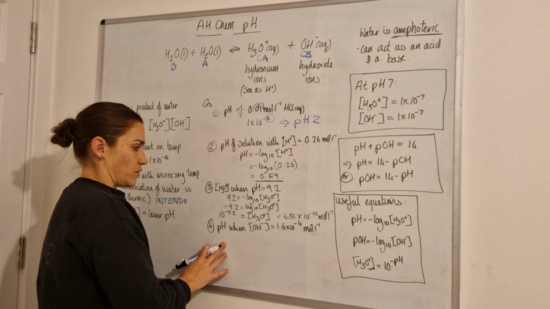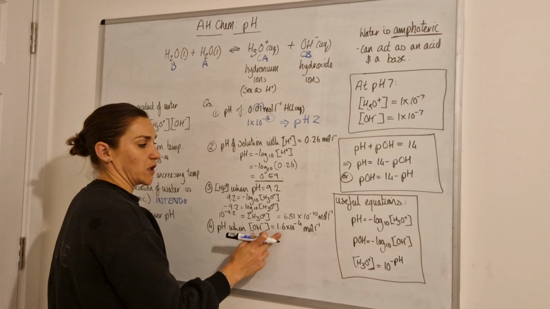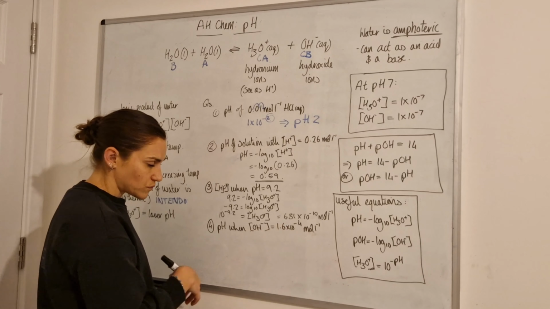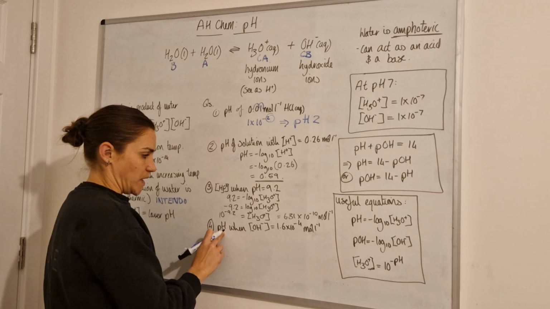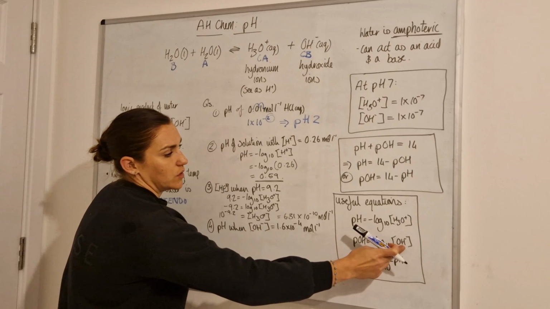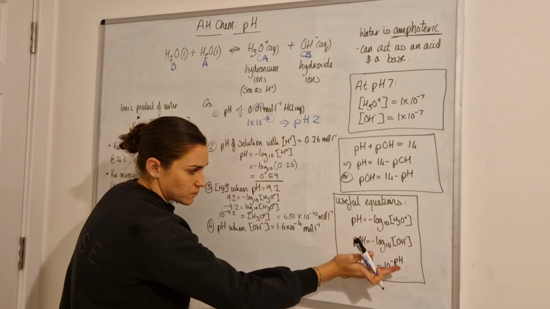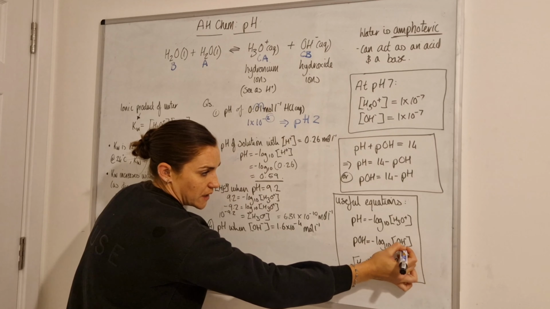And then question 4 is working out the pH when the hydroxide ion concentration is this. So this is one of the more complicated ones because we're trying to work out pH, but we've been given OH minus, so we need to use this equation to start with because we know the hydroxide ion concentration.